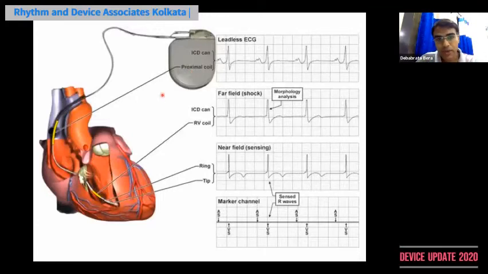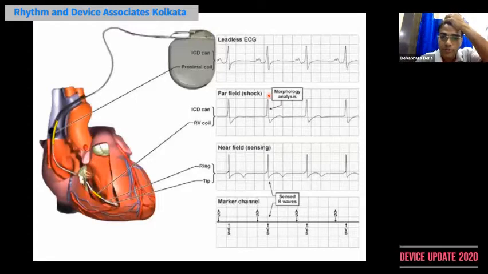In contrast, when you have a far field, that is the CAN to coil electrogram, you see an ECG-like contour and there is a little more chance of external noise or electromagnetic interference. But what you get from the information here is a rough ECG. So if a patient's ECG, let's say this electrogram, is predominantly positive, and you suddenly see a change in the morphology of this electrogram, you are pretty sure the patient is having a ventricular tachycardia and not an SVT.